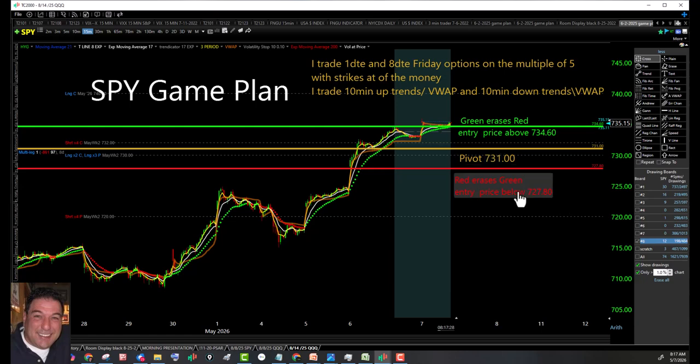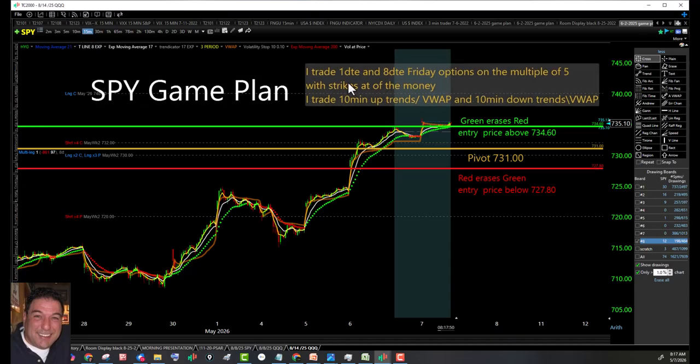Again, I'm not against trading a 10-minute downtrend that happens to manifest up here long before it gets to the red erases green entry. I just like to see it break the bearish 10-minute rubber band candle. Okay, so that's SPY on the 15-minute chart.